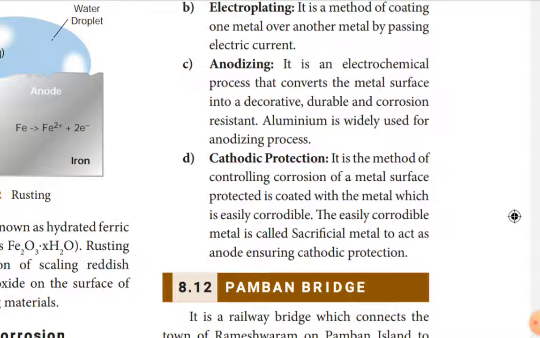So when magnesium is coated, magnesium only is going to react with oxygen and carbon dioxide, saving the element which is inside. So magnesium acts as a sacrificial metal to protect the inner element. This type of protection is called cathodic protection.